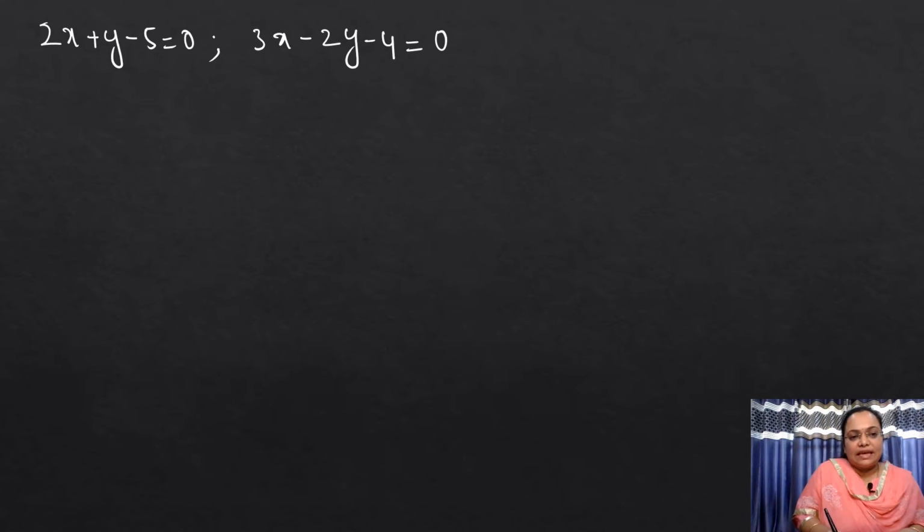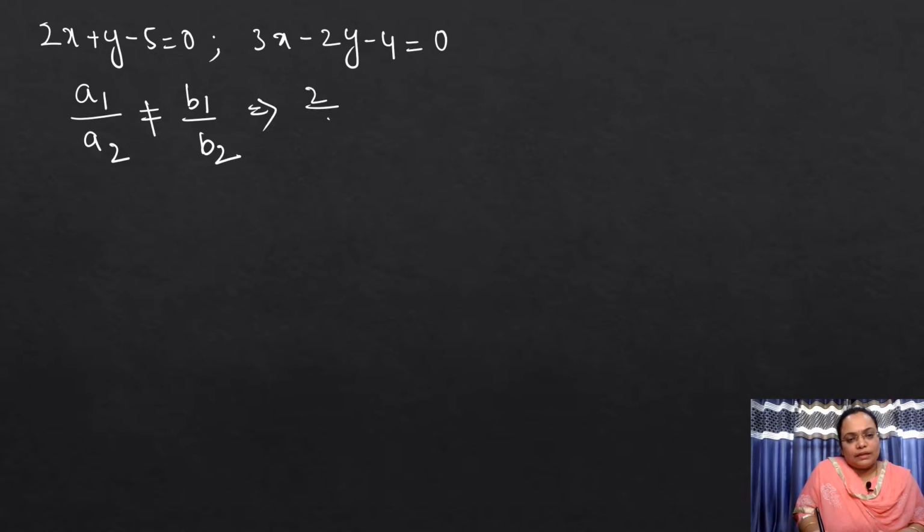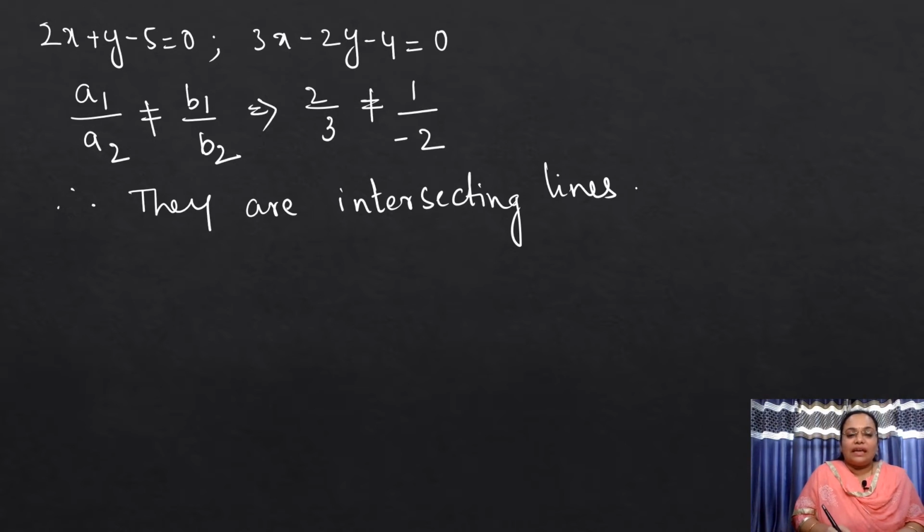So we can say the above given pair of linear equations has A1 by A2 not equal to B1 by B2, which is 2 by 3 is not equal to 1 by minus 2. Therefore, they are intersecting lines. So, we can say the given equations are consistent.